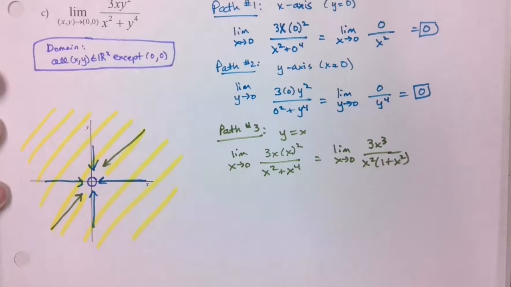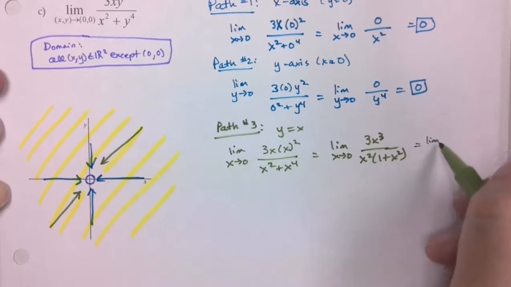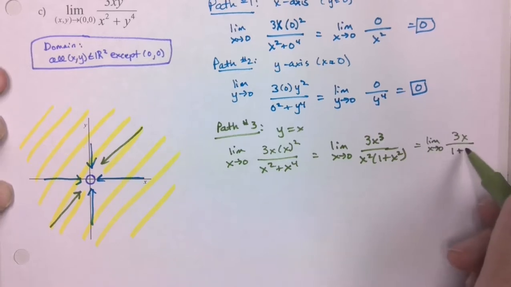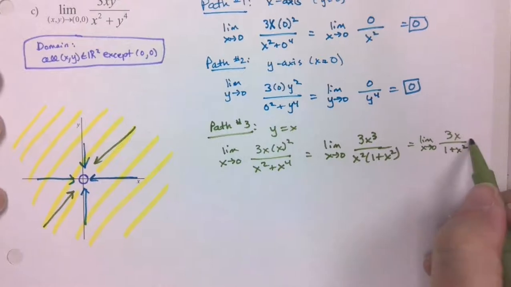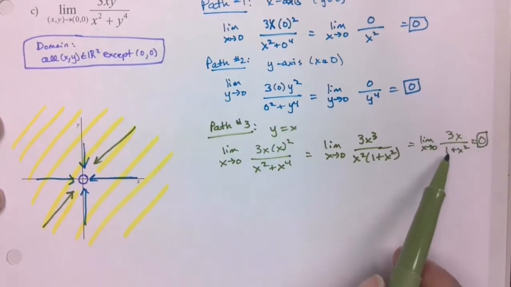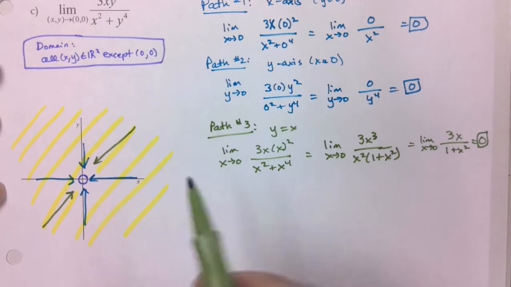I'm just kind of simplifying as I go. So that'd be the limit as x goes to 0 of 3x over 1 plus x squared, which is 0. Right? When you substitute, you're going to get 0 over 1, and 0 over 1 is 0. Grr. So that was that diagonal.